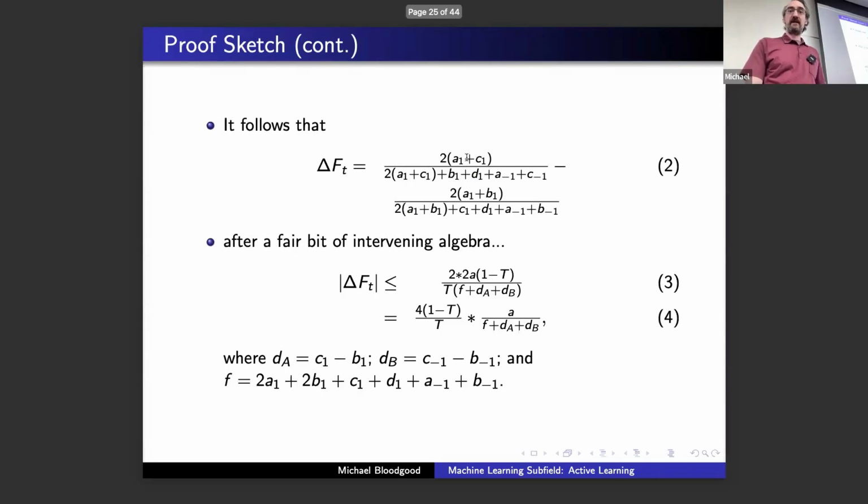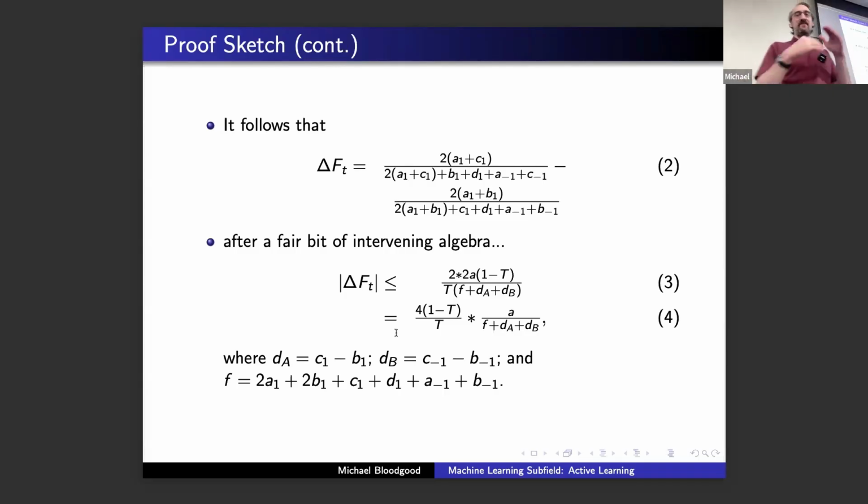It can be proven that it comes to this. Then there's a fair bit of intervening algebra. But it eventually simplifies so that the absolute value, that difference, that delta, must be less than or equal to 2 times 2a, 1 minus t, this thing. And this is where we get the 4, Bob, the 2 times 2.